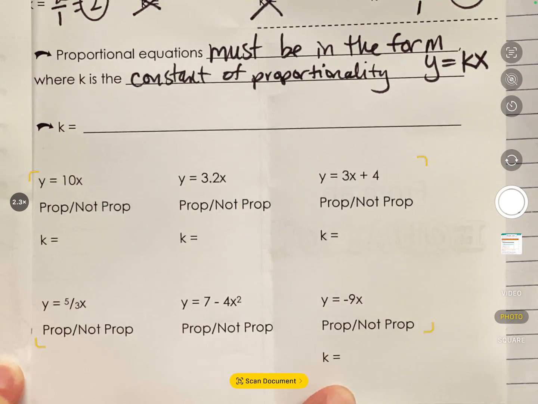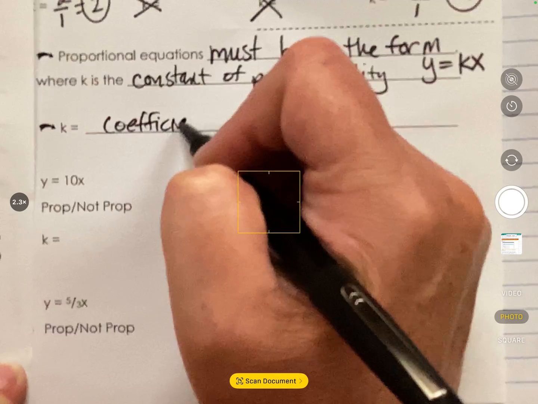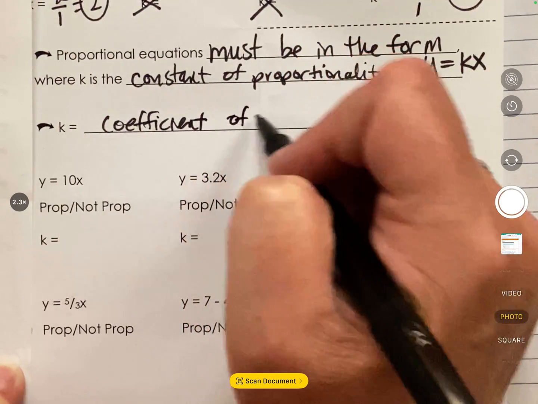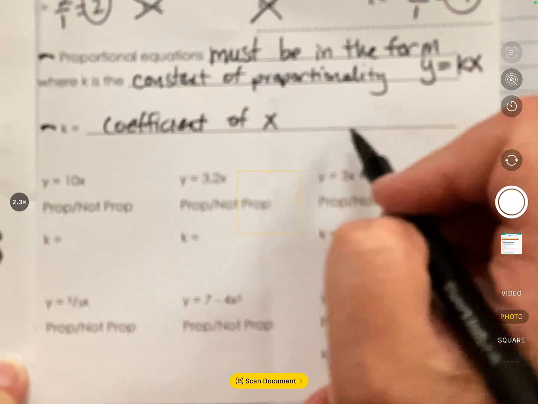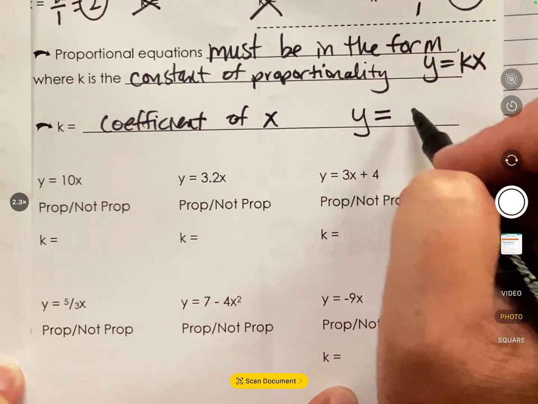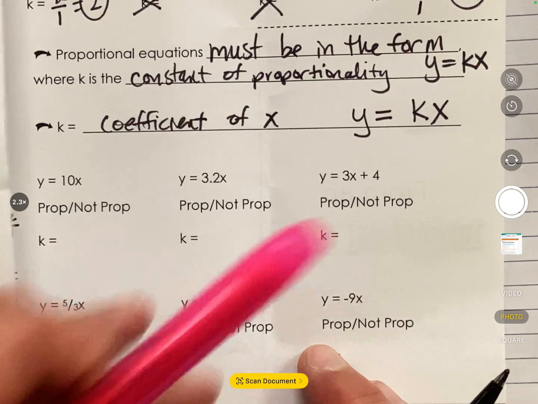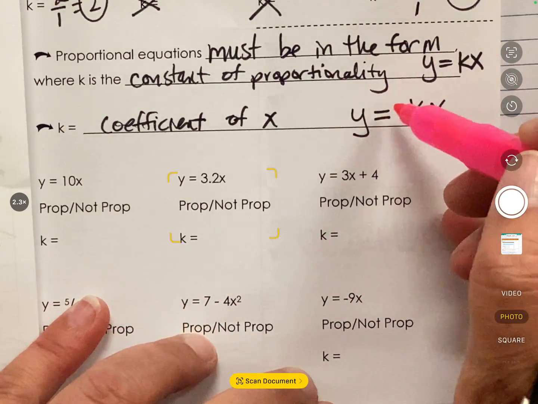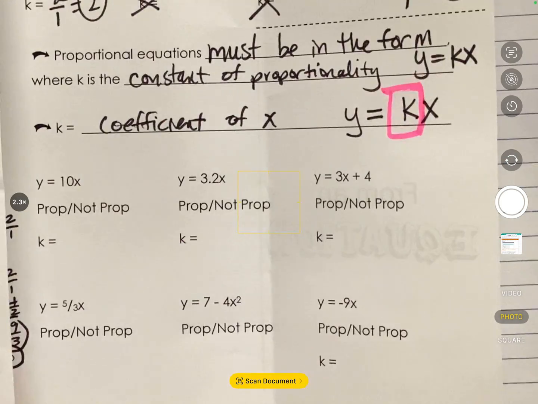To find the k in the equation, you are looking for the coefficient of x. Coefficient means the number multiplied by x, or the number in front of the x. So when I have y equals kx, I know that my k is the number that's in front of the x.